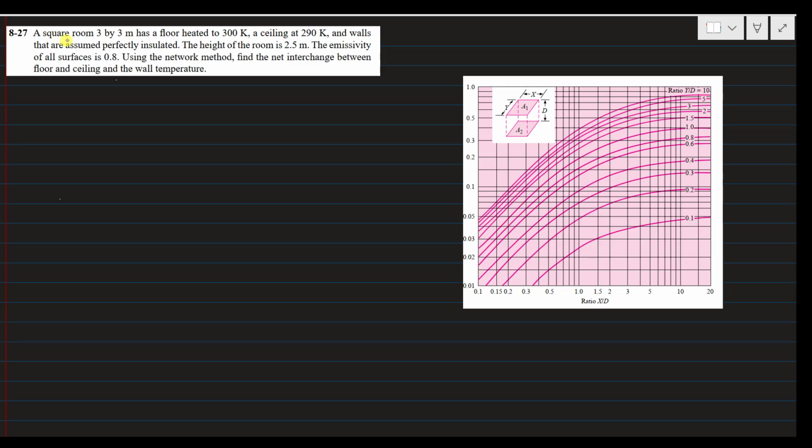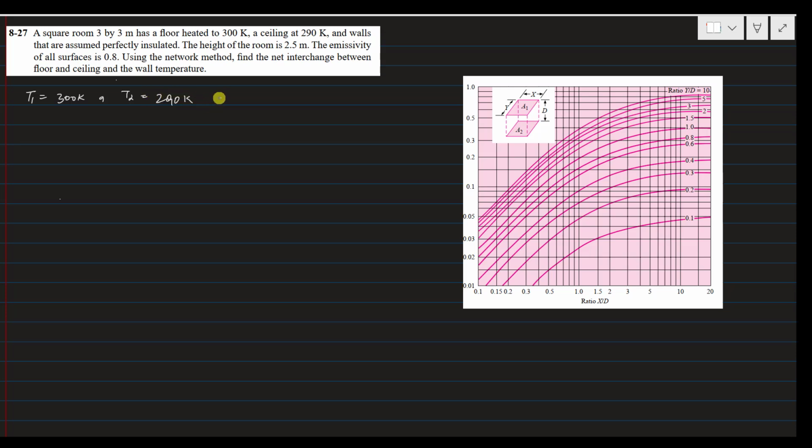Okay, so this statement has given some data. First we will write that and then we will proceed to the solution. The temperature T1 is 300 Kelvin. T2 is the ceiling temperature.